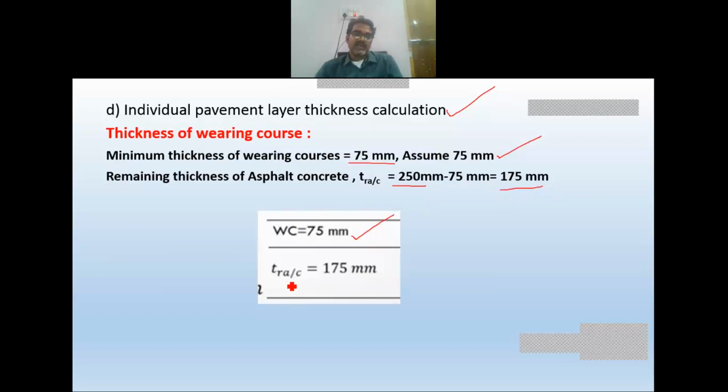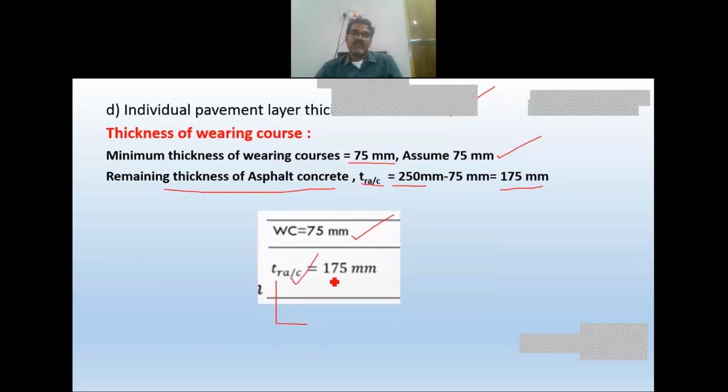Now this is the remaining thickness of asphalt concrete, T_RAC, equal to 175 mm. Right? So the first layer thickness is assumed as 75 mm. So the first component layer thickness is over. Next we go to the next step.